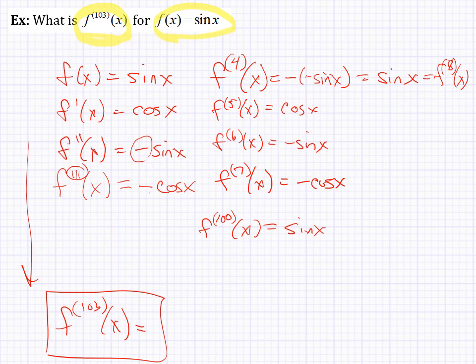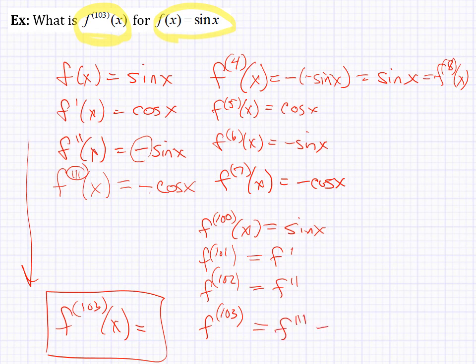So that means the 101st derivative, the 102nd derivative, and the 103rd derivative we should be easily able to know as well. This would be the same thing as the first derivative. This would be the same thing as the second derivative. This would be the same thing as the third derivative. So the 103rd derivative for sine should be negative cosine x.